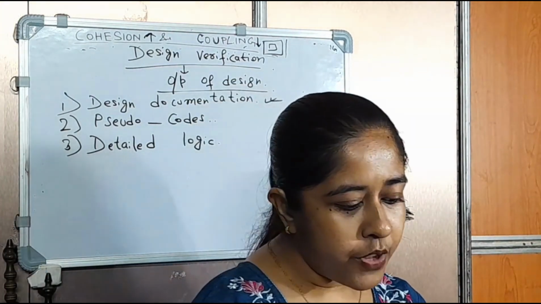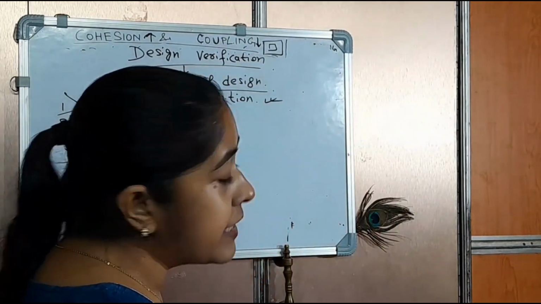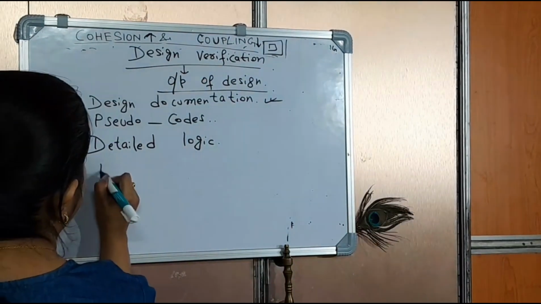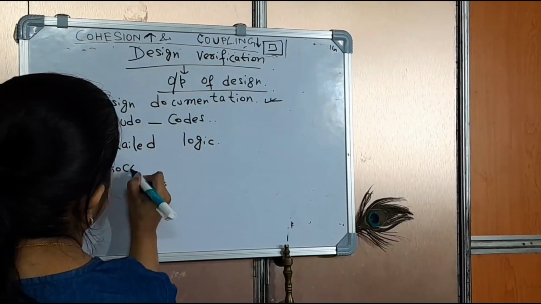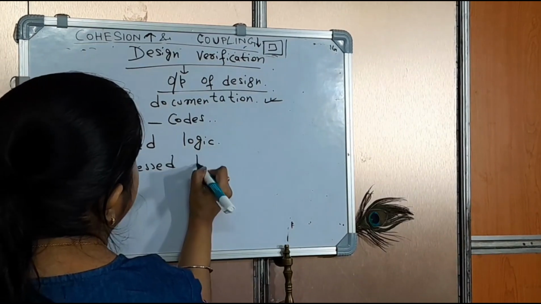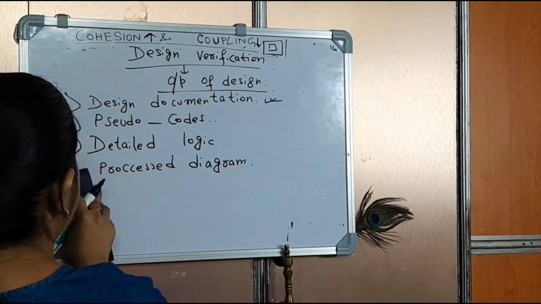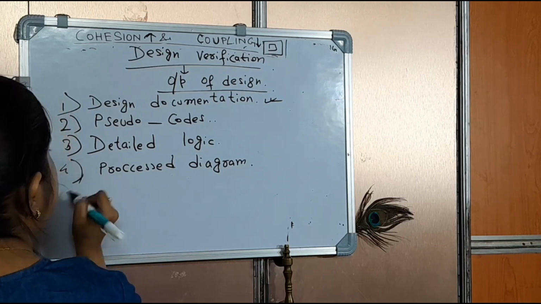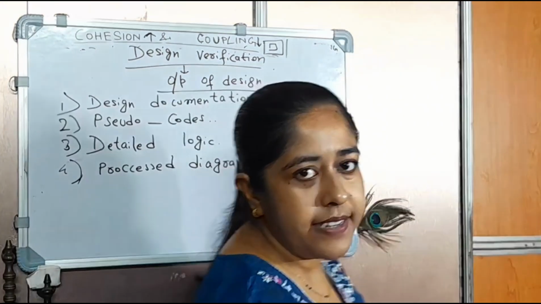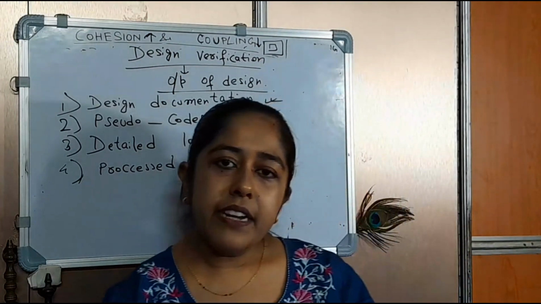Correct? Now what is the fourth one? That is the process diagram. We will mainly see that in other classes: DFD, the data flow diagram, and ERD, the entity relationship diagram.